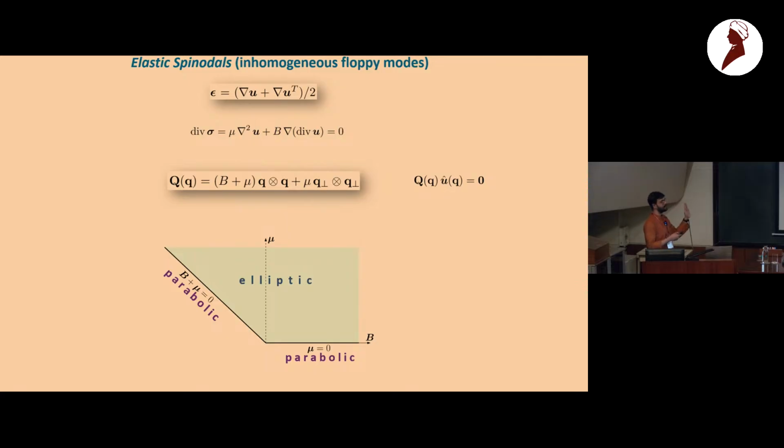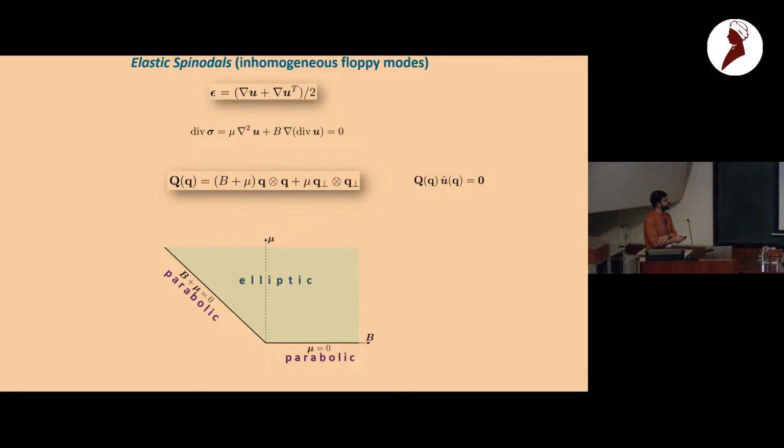Those we have termed elastic spinodals, and they come from a linear stability analysis of your elasticity equations. This is just divergence of stress equal to 0, the static equilibrium equation. You put in your expression of strain in terms of the displacement, and you consider the stability of that equation with respect to small perturbations in displacement. Then it's the standard thing: you go to Fourier space and look at the eigenvalues.